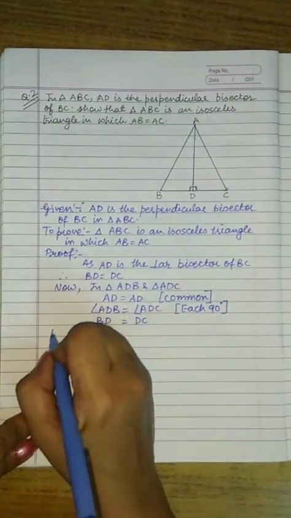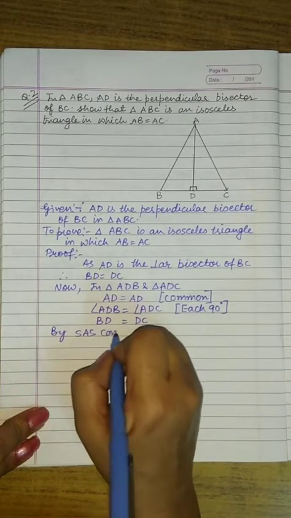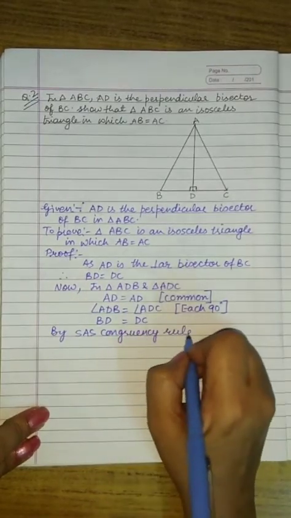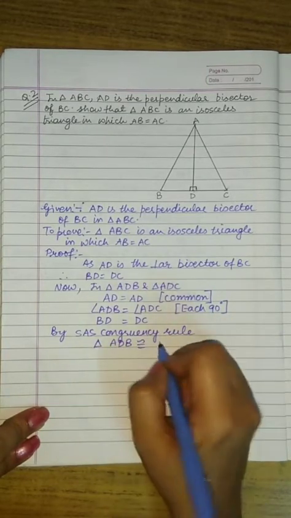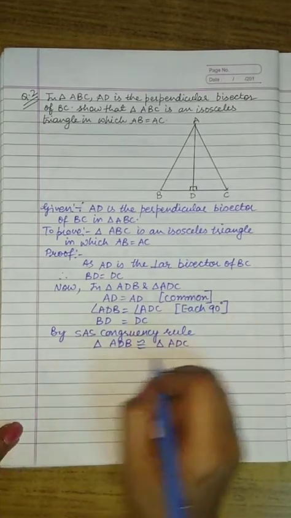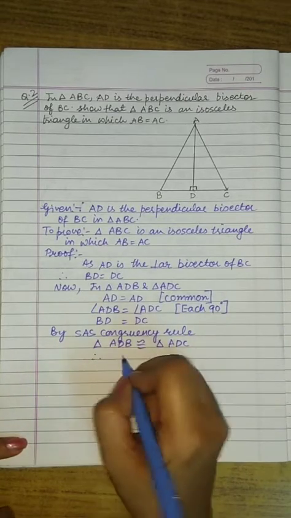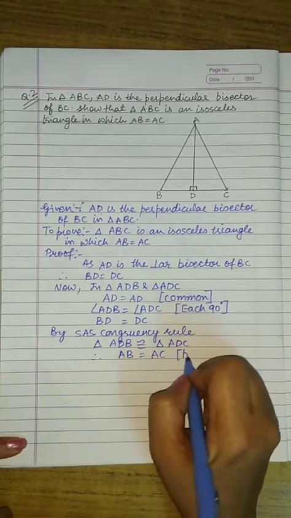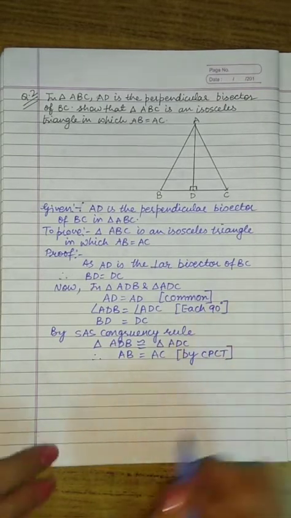So we will write by SAS congruency rule, triangle ADB is congruent to triangle ADC. So if these two triangles are congruent, therefore AB is equal to AC by CPCT.